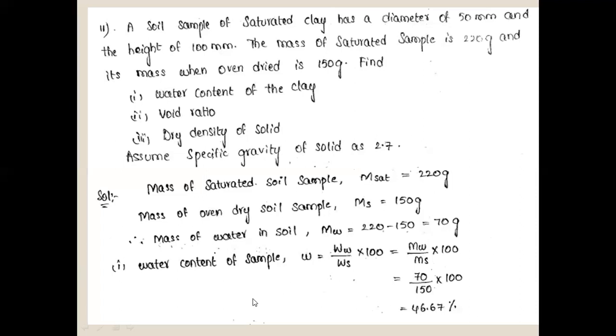Here we find out the three contents. First one is the water content of the clay. Water content of the sample, w equals Ww by Ws, is the formula of the water content, multiplied by 100.